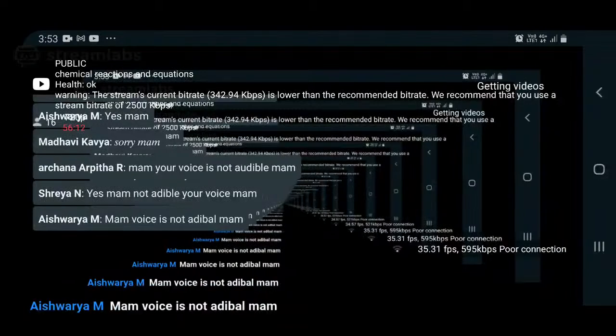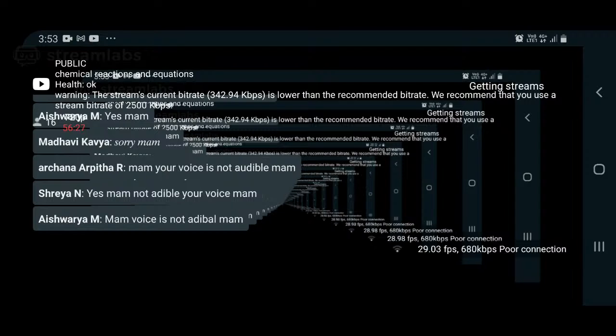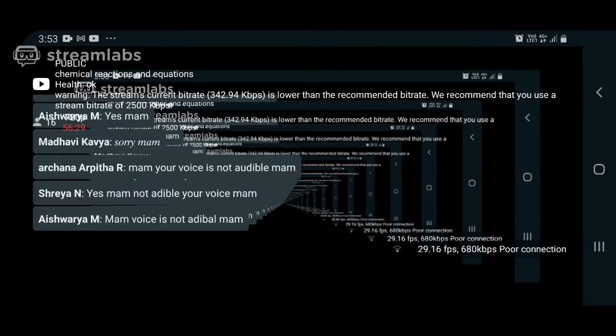Okay, again a problem. When I share the screen, definitely you can't hear. I know that. When you saw that lead nitrate converts into lead oxide, nitrogen dioxide and oxygen, this happens when it is heated. And this is called thermal decomposition.